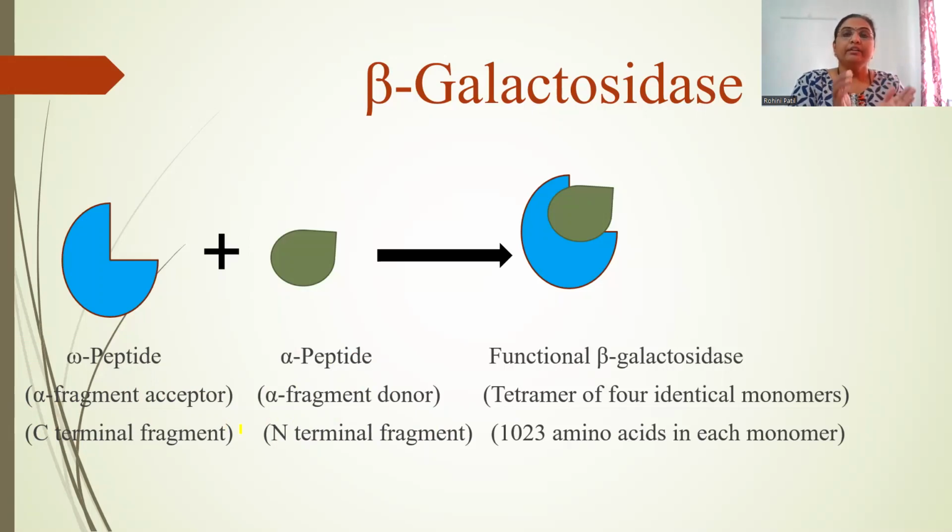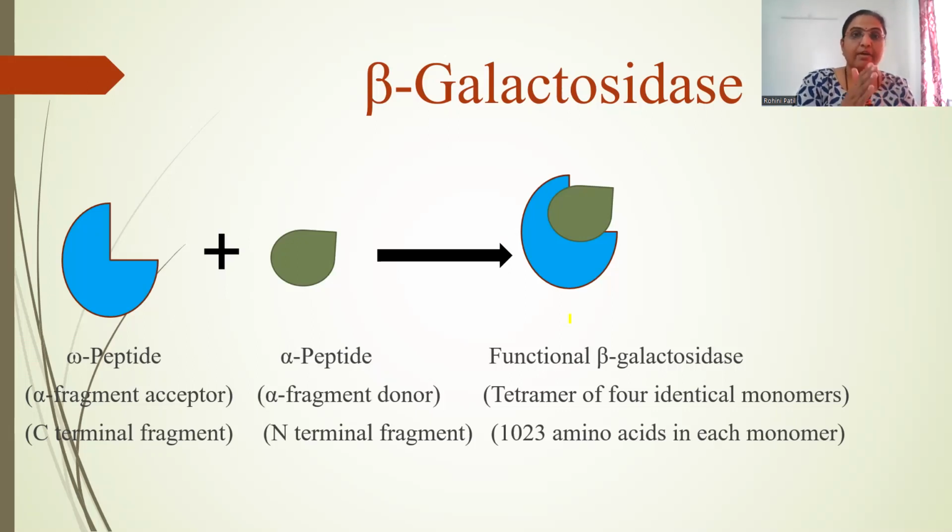So when a bacterial cell, that is an E. coli cell, which is defective in lacZ at the N terminal, that is unable to synthesize the alpha peptide, is provided in trans with the alpha peptide, and this allows restoration of the activity of the beta galactosidase, then it is called alpha complementation.